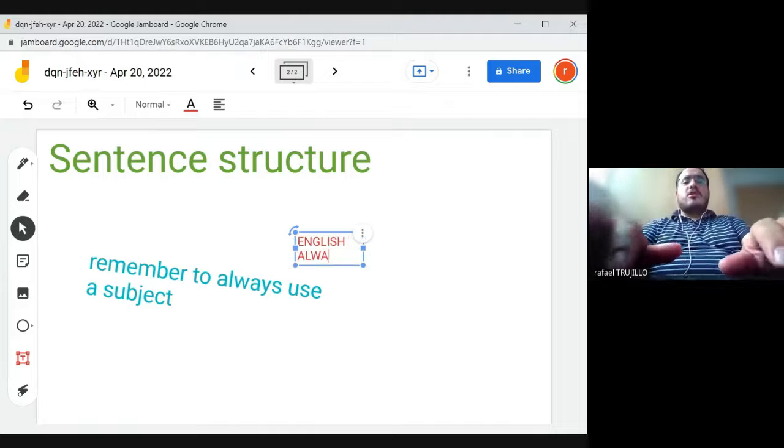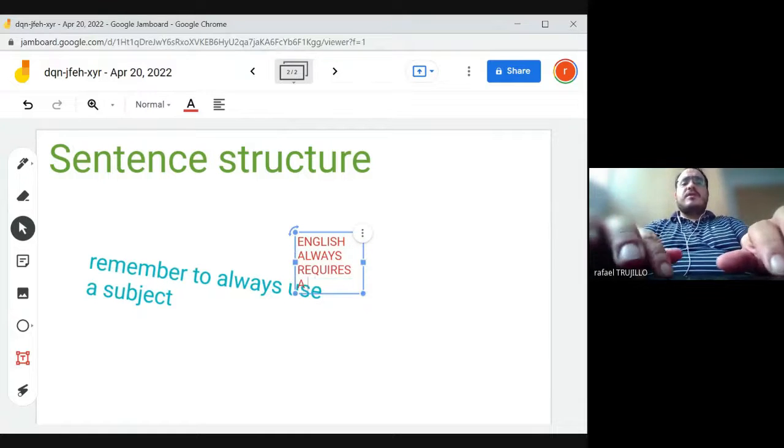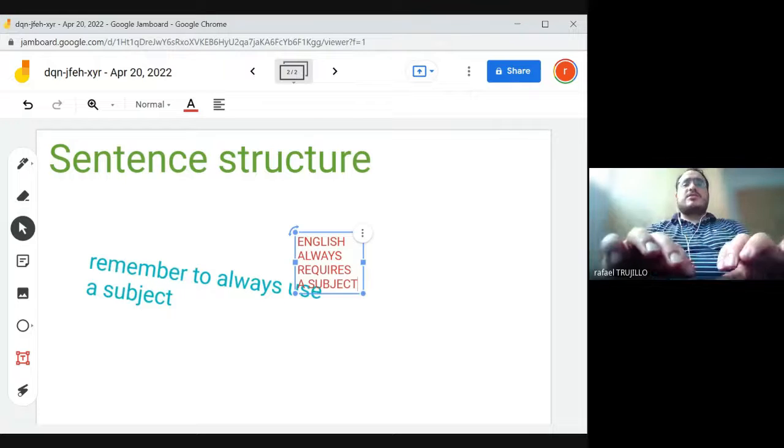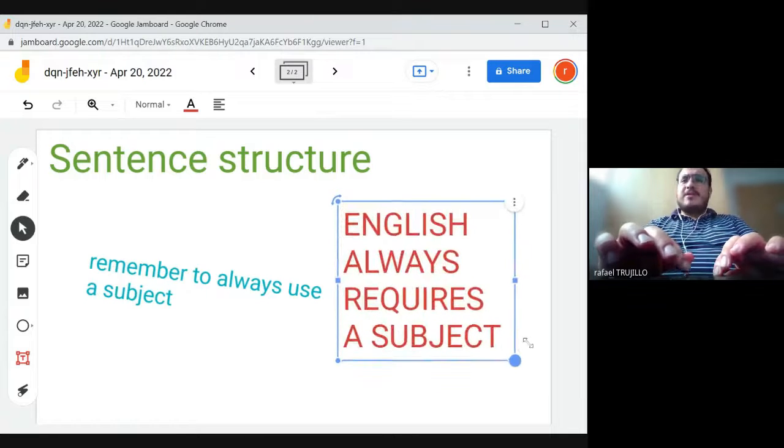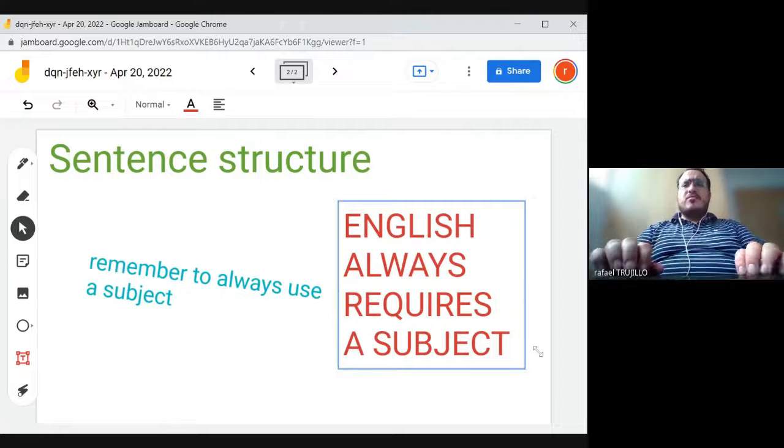English always requires a subject. Es algo que algunos de nosotros aún no comprendemos o que tal vez nos cuesta trabajo identificar, ya que como trabajamos, pensamos y vivimos en español no siempre requerimos un sujeto.